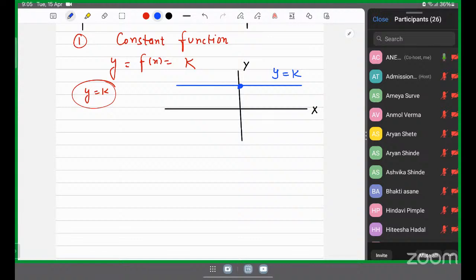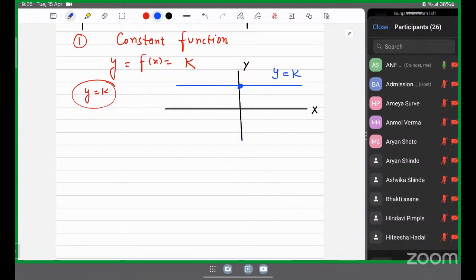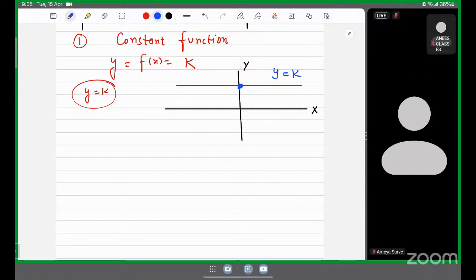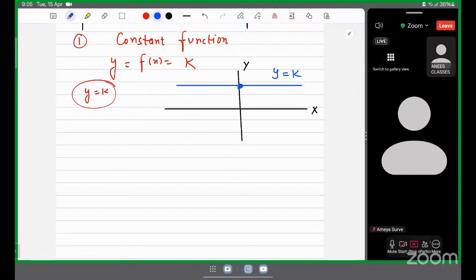From the graph, we can find the domain and range of the given function, constant function.